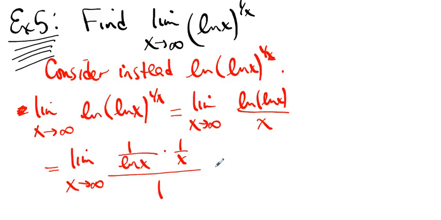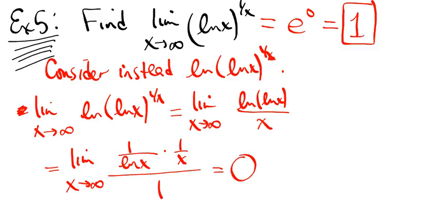This whole thing is practically 0, which means that this tends to e to the 0, and that's 1. And so we have 5 different examples of L'Hopital's rule coming to our rescue in scenarios where we would not have expected it to.